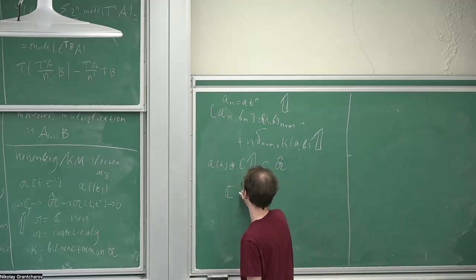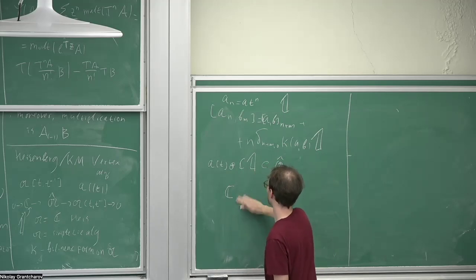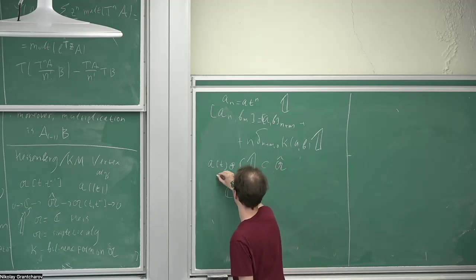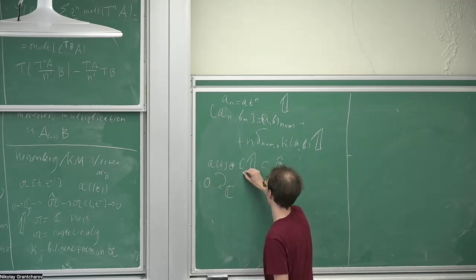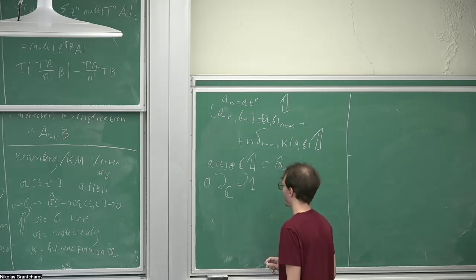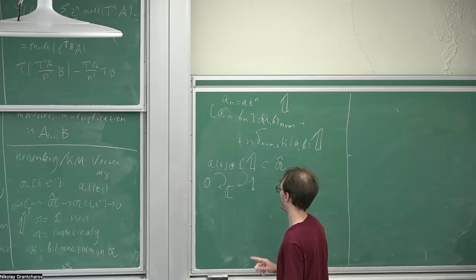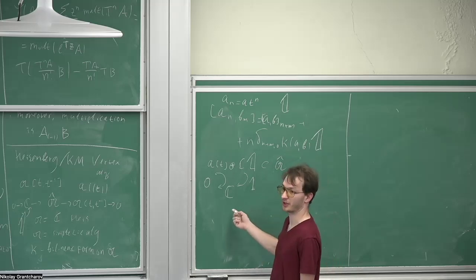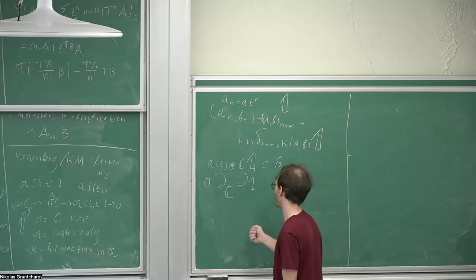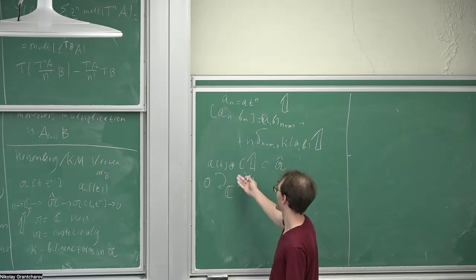a representation C, where A of T acts on this C by 0, and 1 acts by 1. So just a trivial, the easiest non-trivial representation of this subalgebra, and I induce.